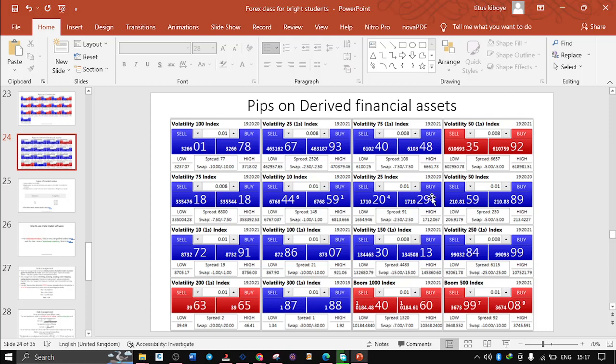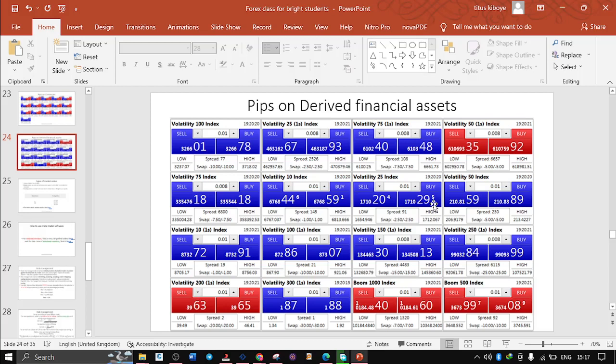Now the 5 here, are you seeing the 29.5 on the buy side? Yes. The 5 is what? You're still on the pipettes.